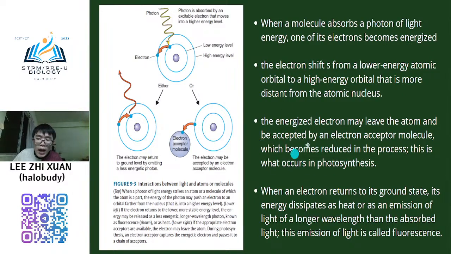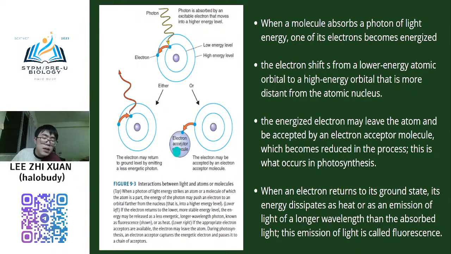But in the photosynthesis process, the electron will not go back to the ground state. The electron will leave the atom, and then this electron will be accepted by an electron acceptor molecule.